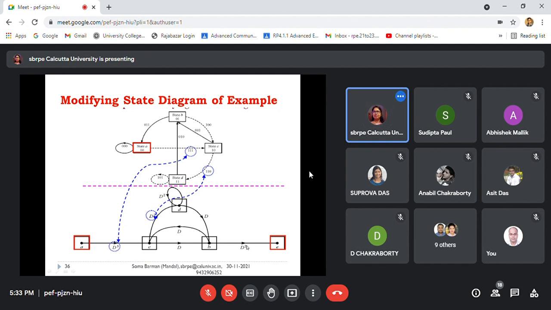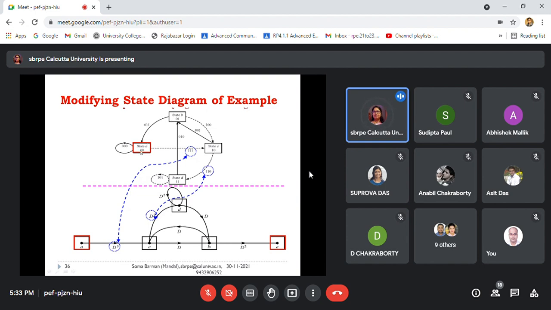Clear? You can choose another path. A to C is for the 0 input. Maybe there is a chance of the 1 input, so C will go to D, D will go to B, then B will go to A. So this path is also possible.